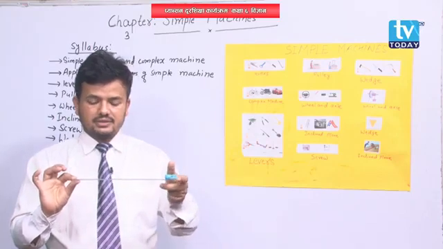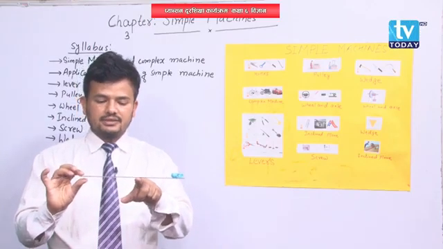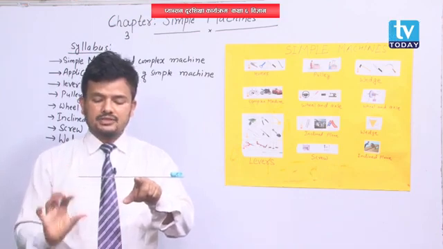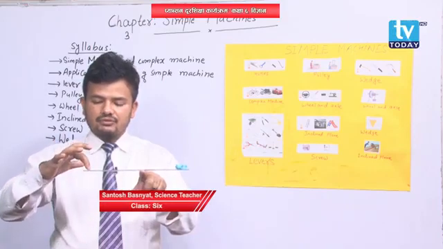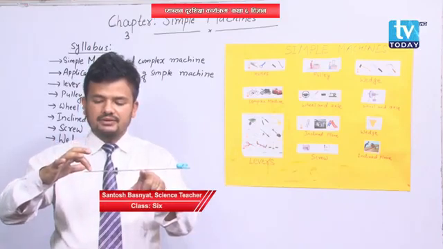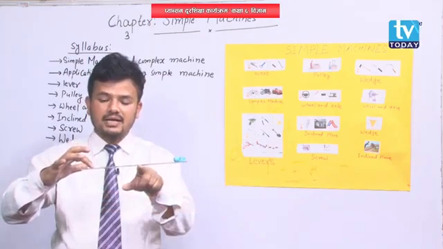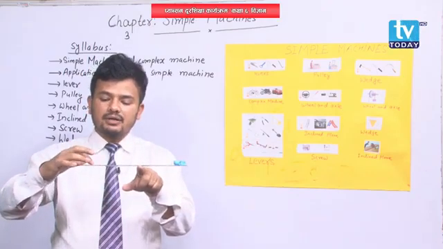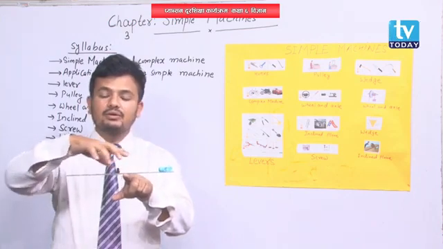Got it? Now suppose it is balanced. Look at here, this is balanced. I have given effort from this side. In a balanced condition of lever, you always have to understand that the product of effort and effort distance is always equal to load and load distance.